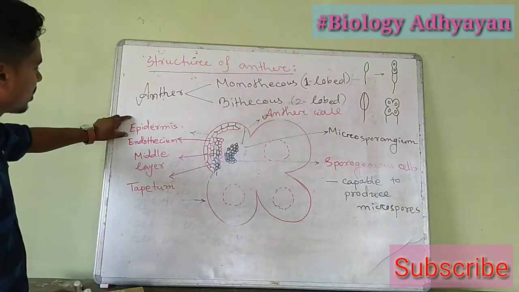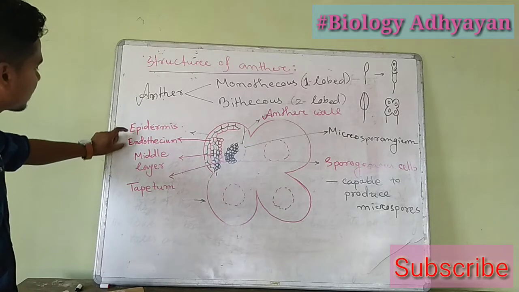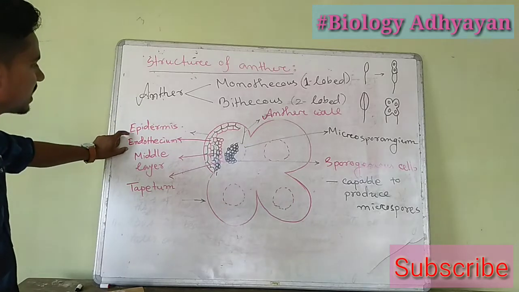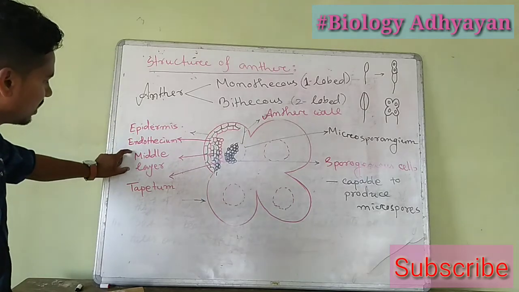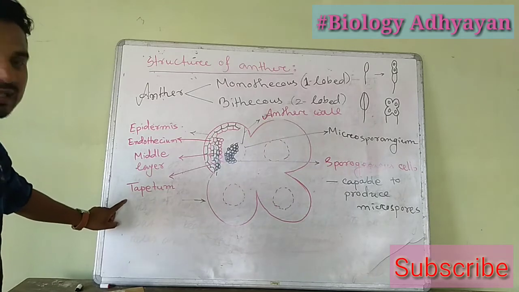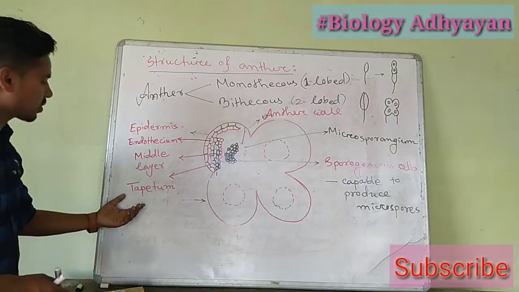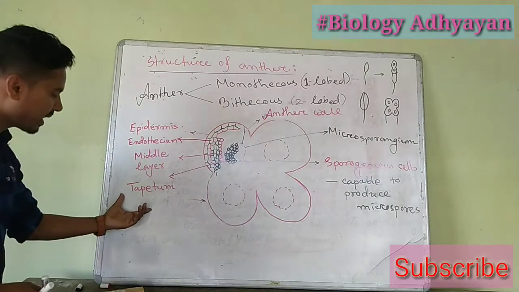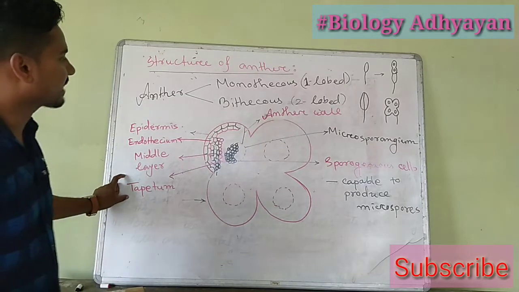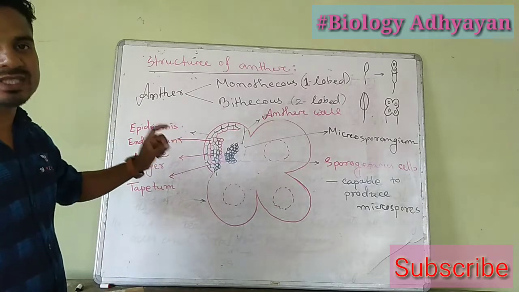The first is called epidermis, the second endothecium, the third the middle layer, and the last one is called tapetum, which remains attached to the microsporangium.